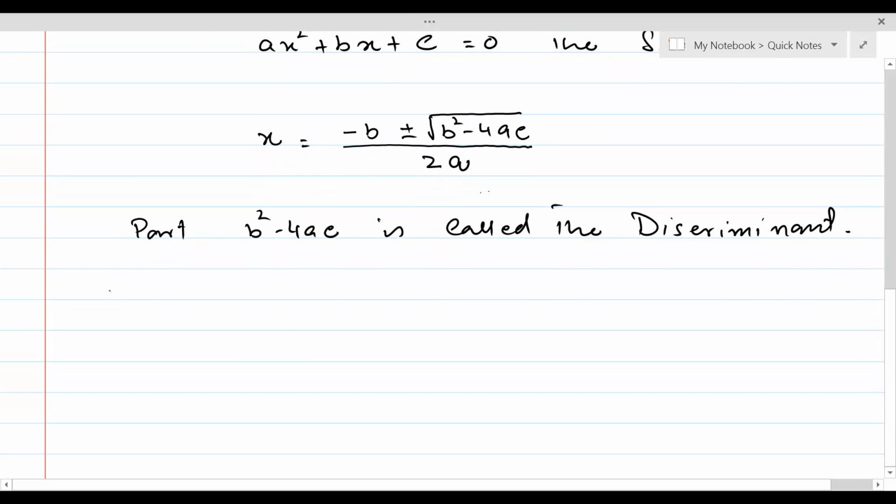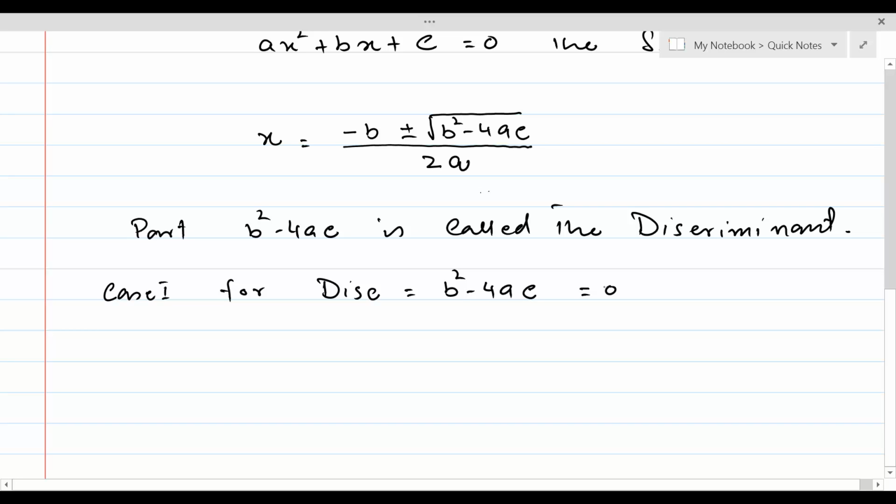Because if we take case 1, for discriminant b square minus 4ac equal to 0.